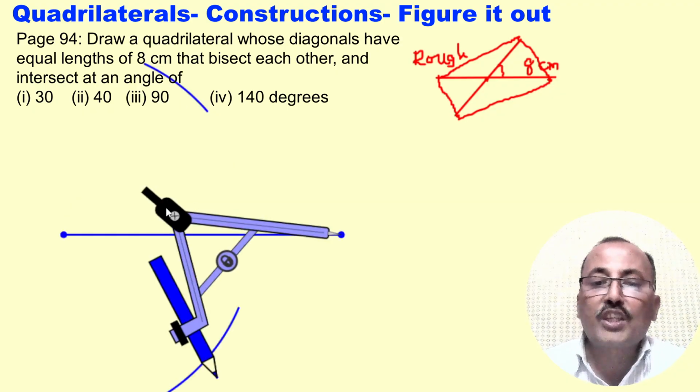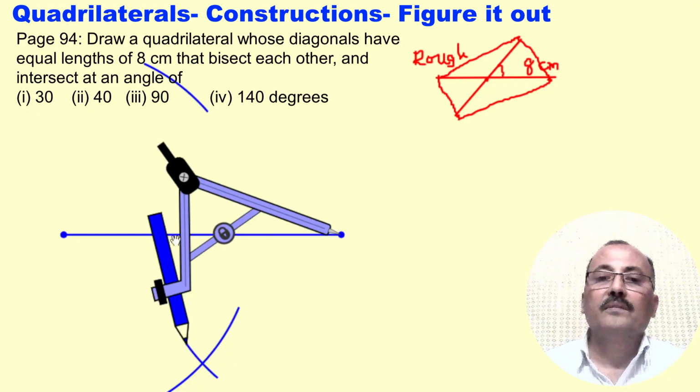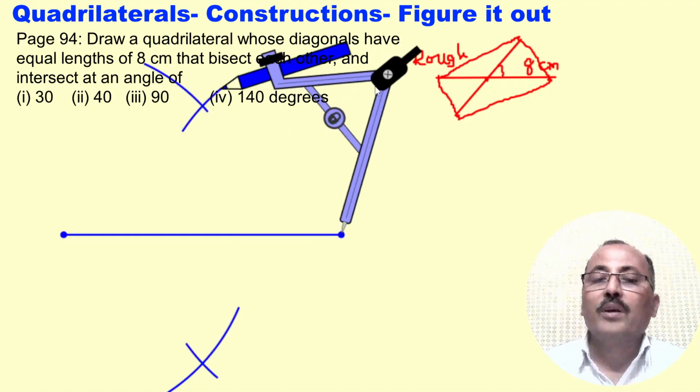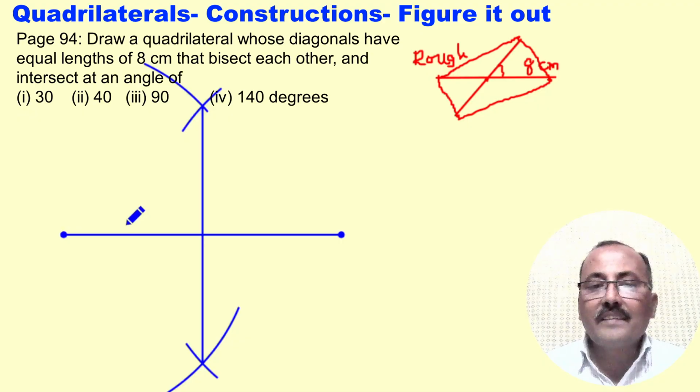With the same measurement, you have to cut the previous arc down and up. Thank God it is cutting. If not, again I have to draw the arc. Now remove this. Join these 2 points. What is the length now? This is 4 centimeter and this is 4 centimeter and this is the center point.